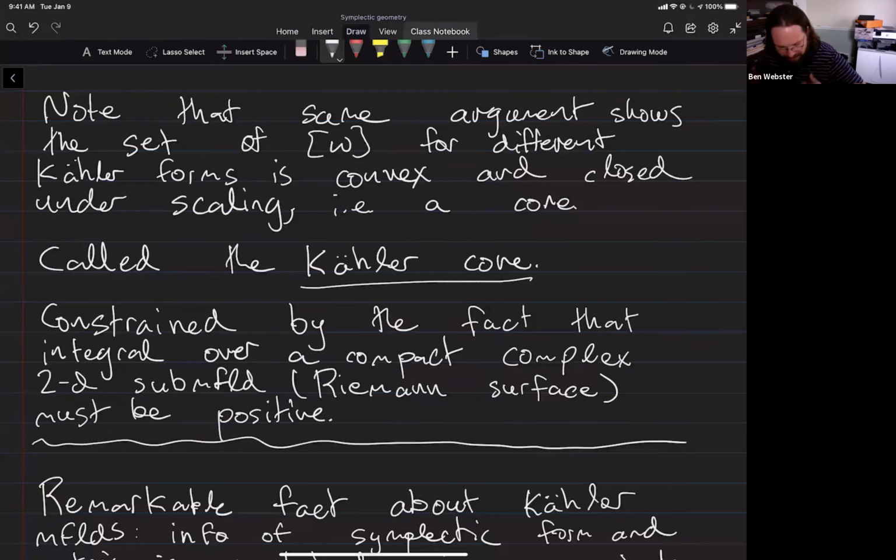It's unfortunate because I'm sure there are some people in this class who know a fair amount about projective algebraic geometry, and what I say will not make sense to people who haven't thought about that world. One way to think about it is that in algebraic geometry, projective space has a fixed Kähler structure that everybody loves.